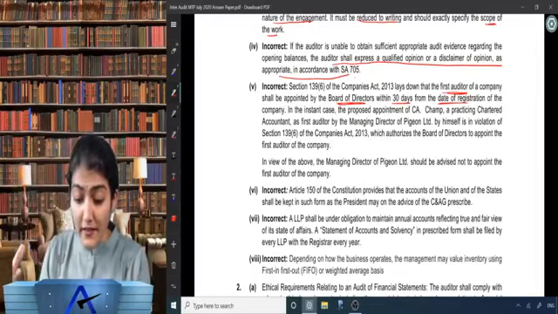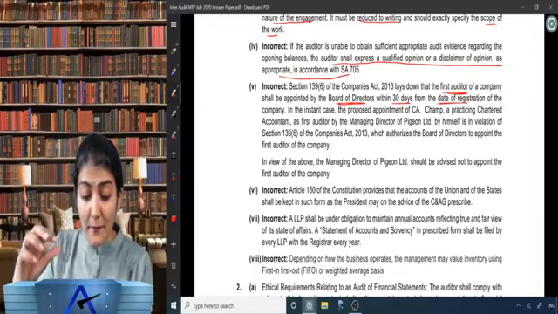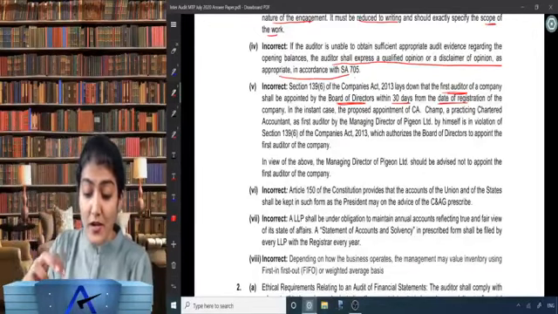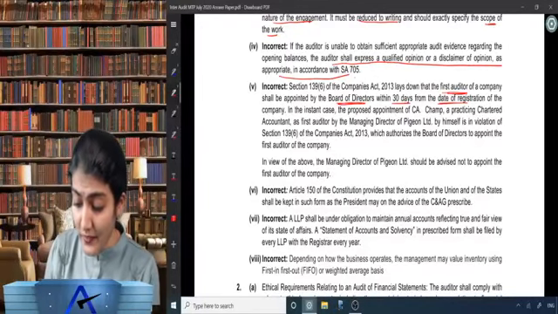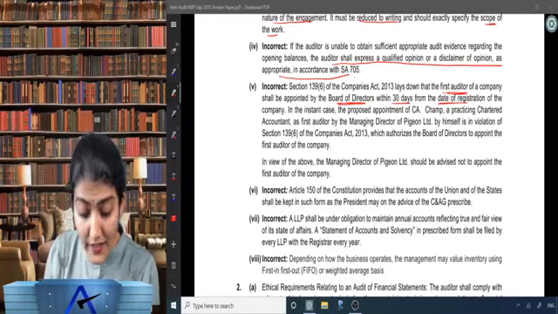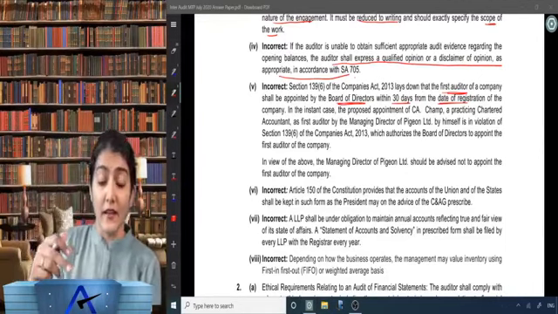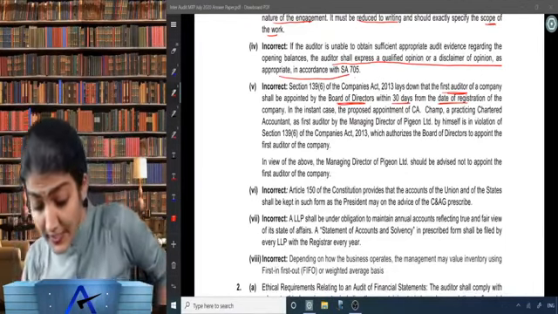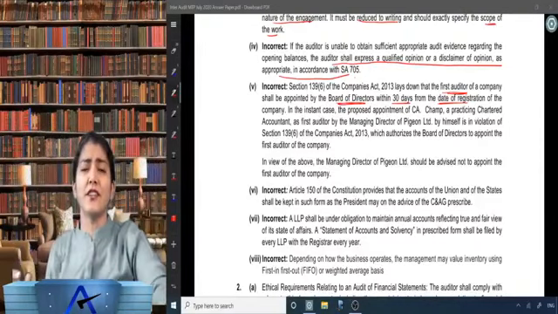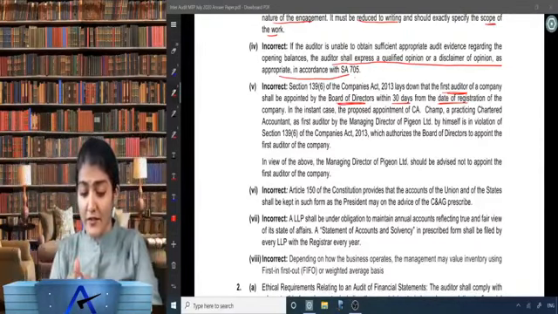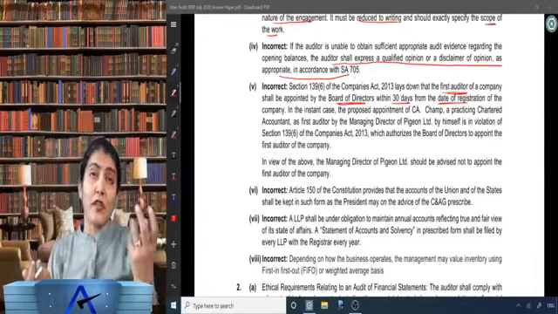In the instant case, the proposed appointment of CA Champ, a practicing CA, as first auditor by the managing director by himself is in violation of section 139(6) of the Companies Act 2013, which authorizes the board of directors and not the managing director to appoint the first auditor of the company.